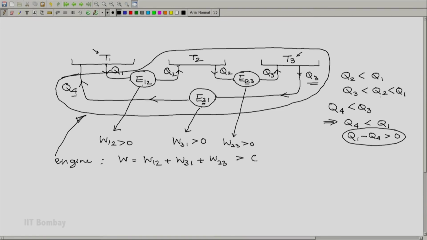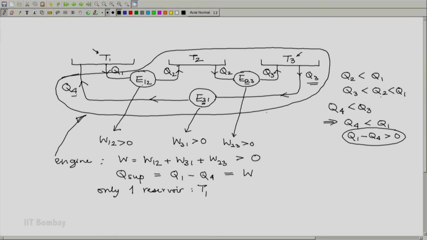Each of the components is greater than 0, so this is greater than 0. What is the heat input? The heat input is Q1 minus Q4, so heat supplied is Q1 minus Q4, which by first law will turn out to be equal to W, and only one reservoir T1.